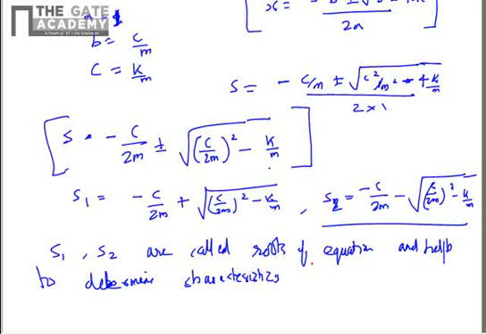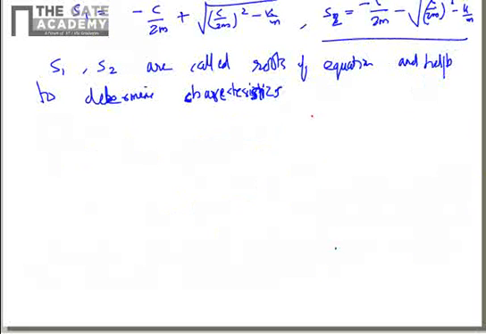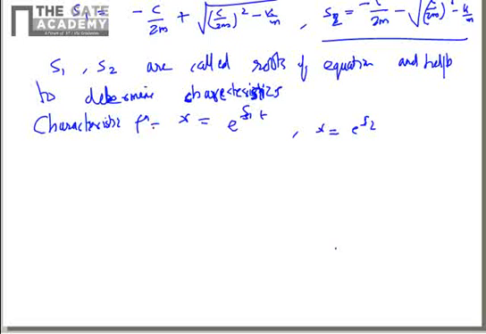So the characteristic functions would be x equal to e to power s1 t and x equal to e to power s2 t. These are the two functions which define the actual solution, and the actual solution is a combination of the characteristic functions.